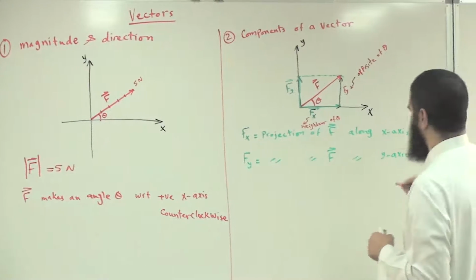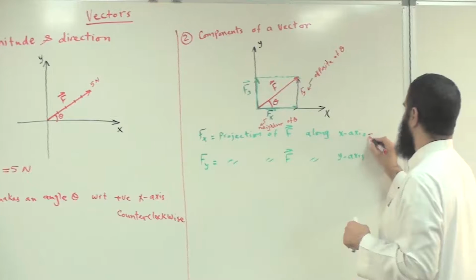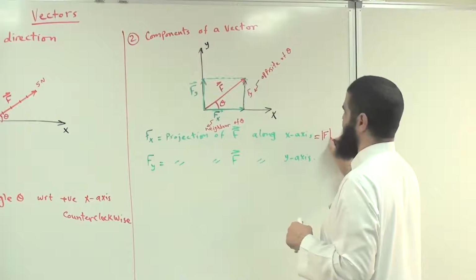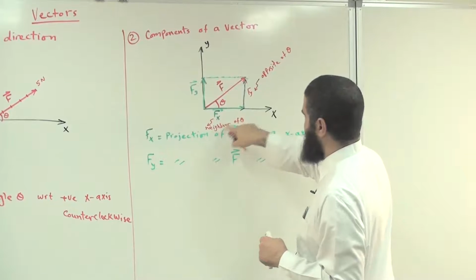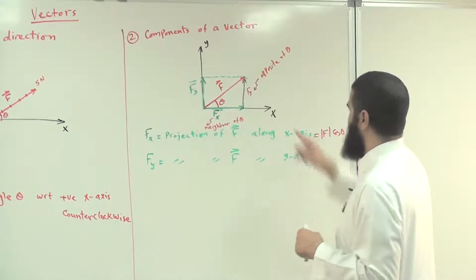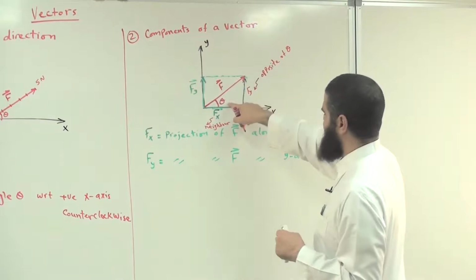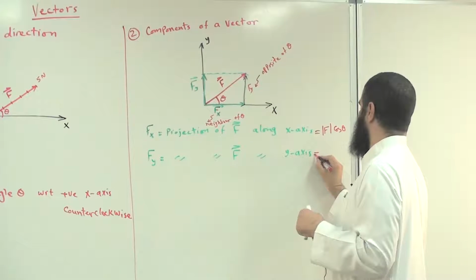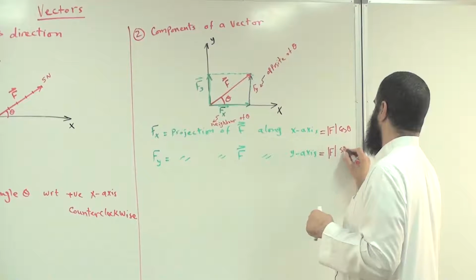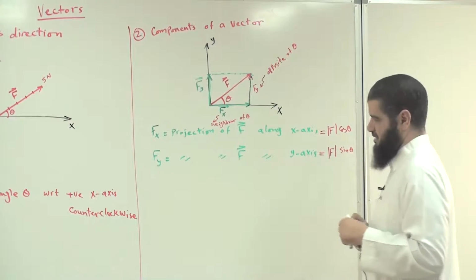So here we can write Fx as the magnitude of my vector F, and because it is the neighbor of theta, we'll use cosine theta. Fy, because it is opposite to my angle theta, will be the magnitude of F multiplied by sine theta.